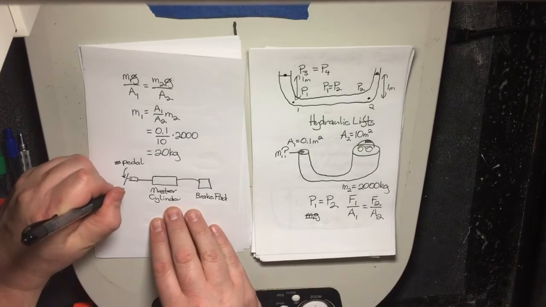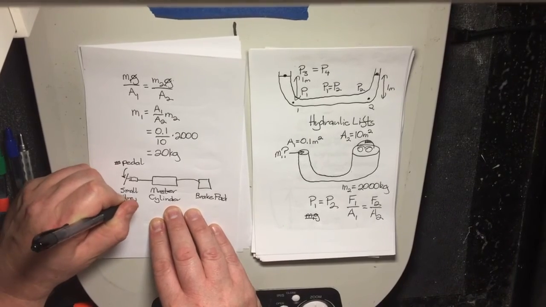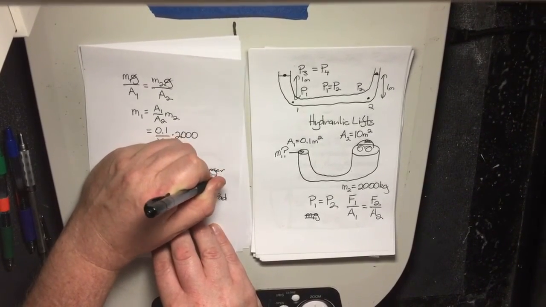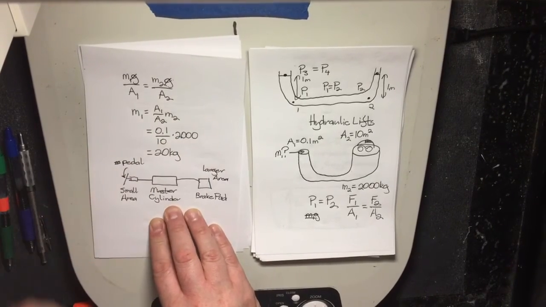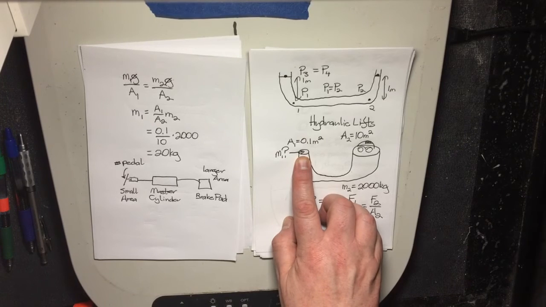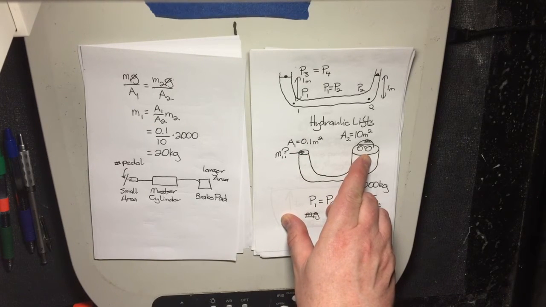This piston has a small area. The brake pad is a larger area. And what did we learn? We learned that a small force on a small area can create a large force on a large area.